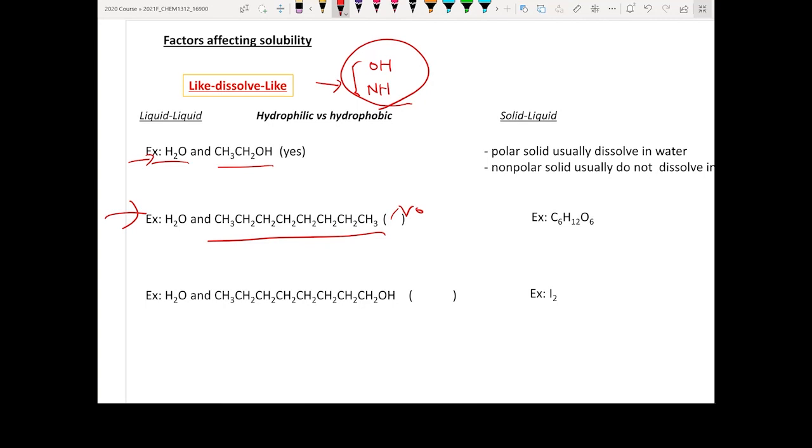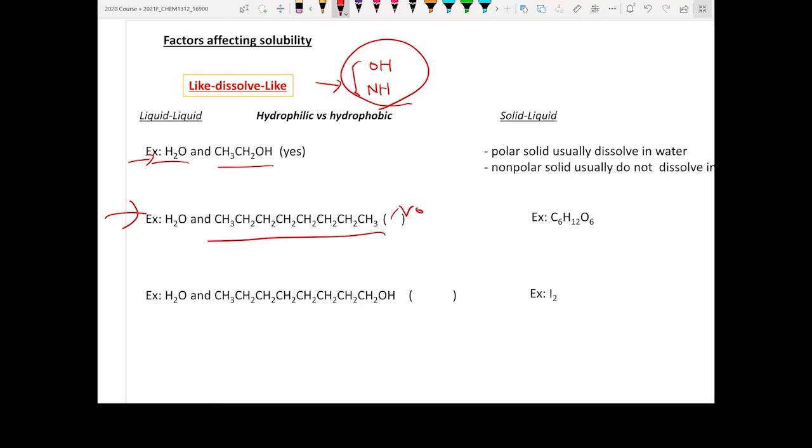Everybody knows oil doesn't dissolve with water. What is the chemical formula of oil? It's just tons of carbon and hydrogen. So if you see a compound with a chemical formula that only has carbon and hydrogen, it is an organic compound.